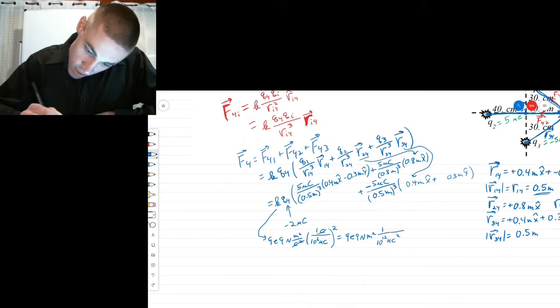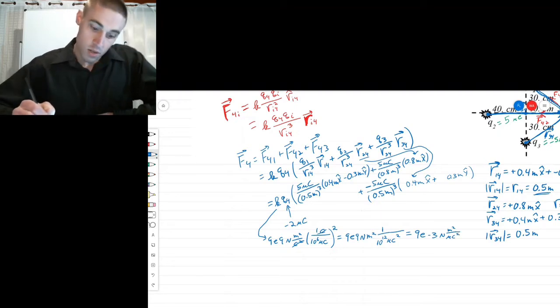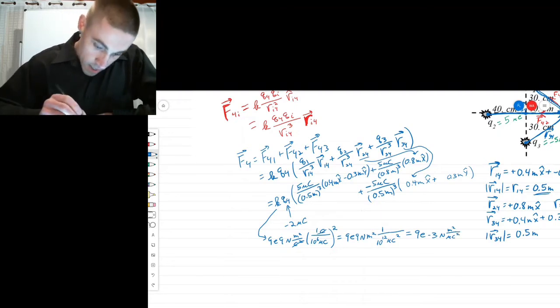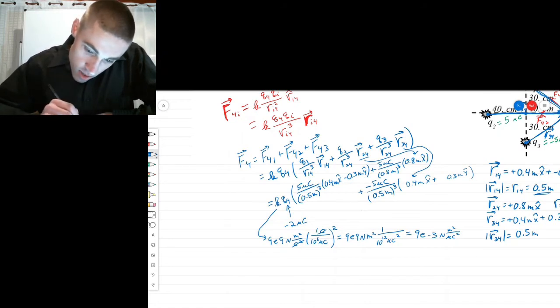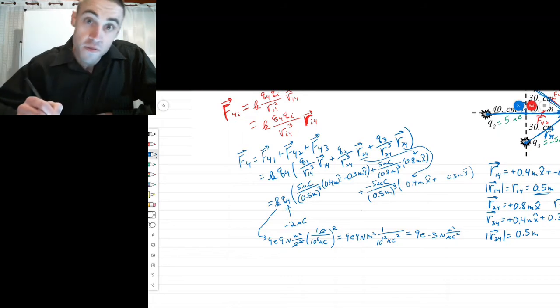Okay, so this exponent is going to go down 12, so times 10 to the minus 3 Newton meters squared per microcoulomb squared. So we can put that in for K. And let's see if there's anything else I can do to simplify before I put things into my calculator.